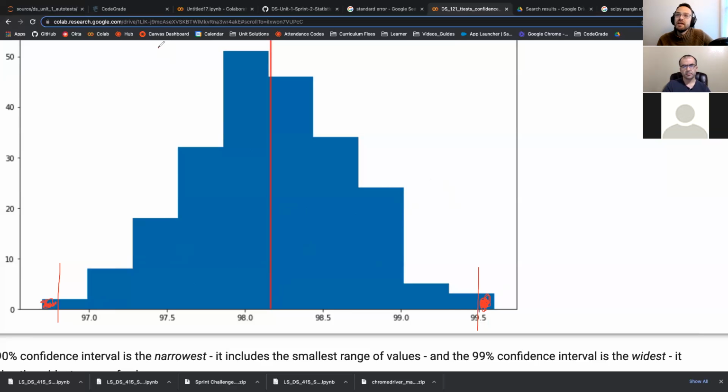And so if your sample mean ends up being something like 97.2, you know that it's inside the area where the probability is that it's part of your general population.